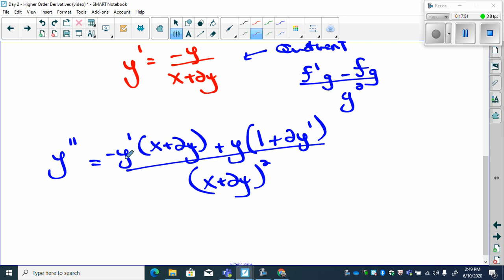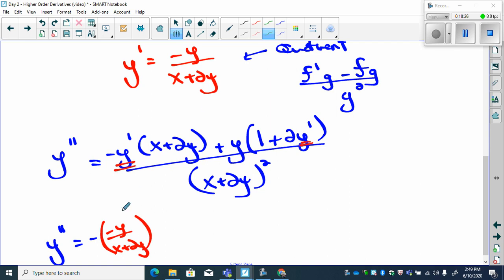Now, I am going to replace this with this right here and this with this right here. That's what y prime is. So I will have y double prime equal to, this would be a negative y prime, so I'll just write this negative here, and then y prime is going to be negative y over x plus 2y.